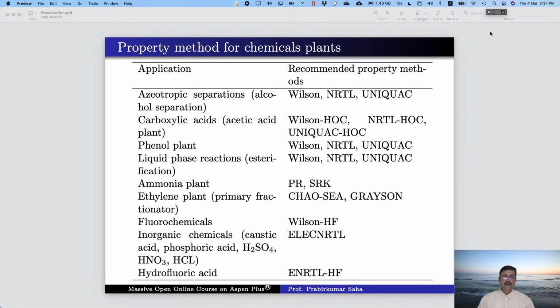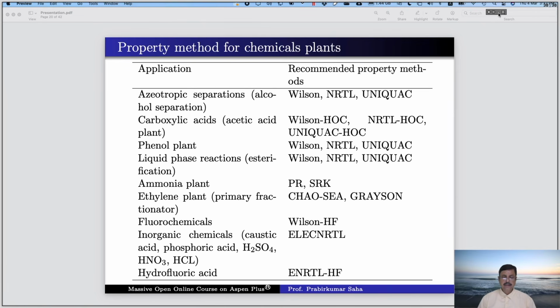And for property method for chemical plants, we have recommended property methods like Wilson NRTL UNIFAC for azeotropic separation like alcohol separation, phenol plant, liquid phase reactions like esterification.